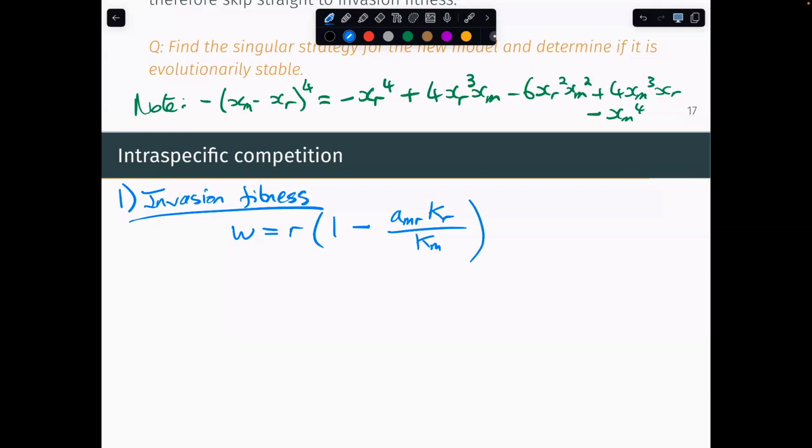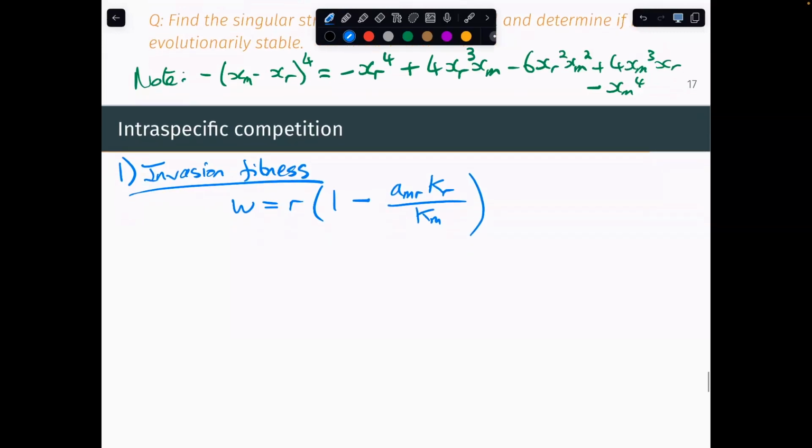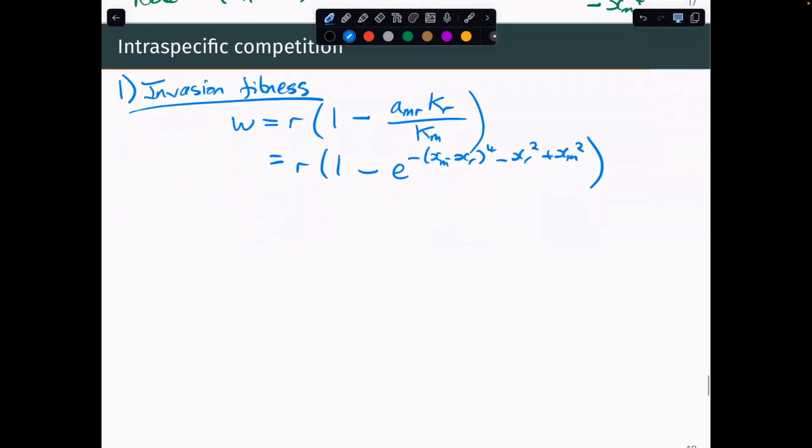What I'm doing is substituting in a different competition function, which we can now write as R times 1 minus e to the minus XM minus XR to the power of 4 minus XR squared plus XM squared. This is our invasion fitness.